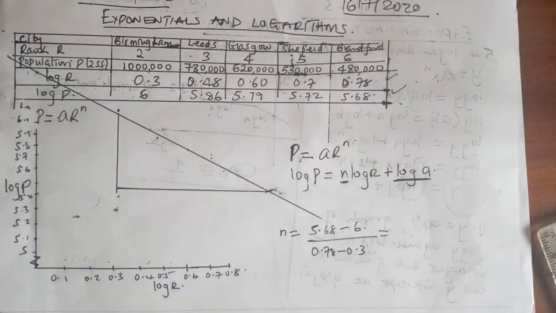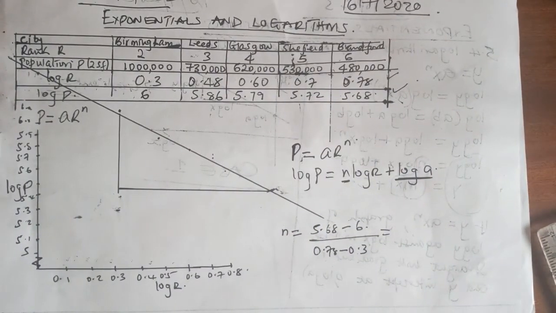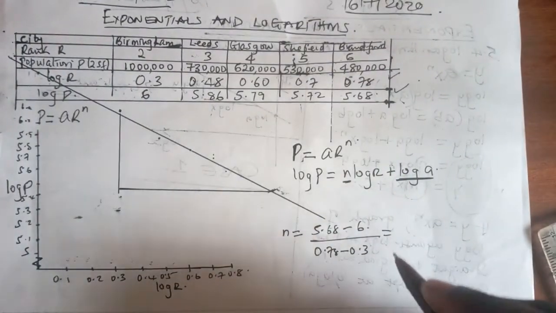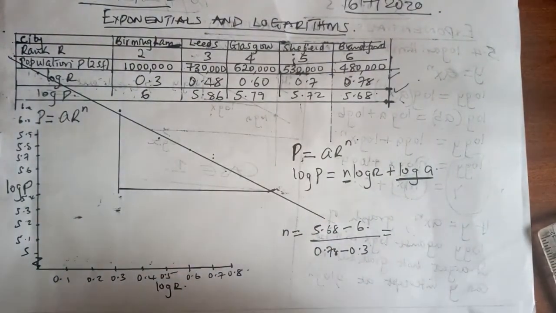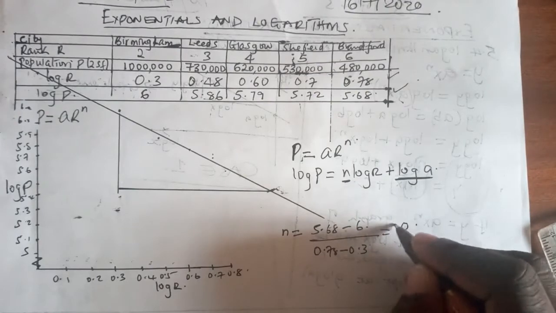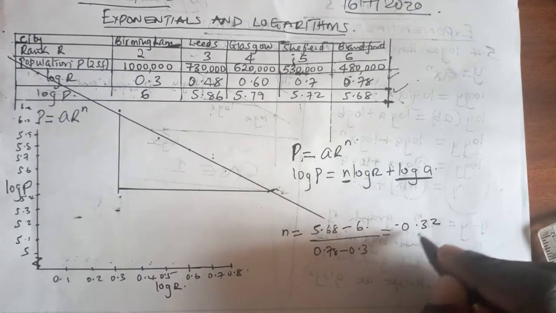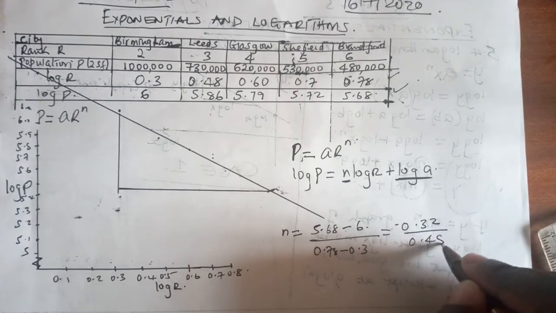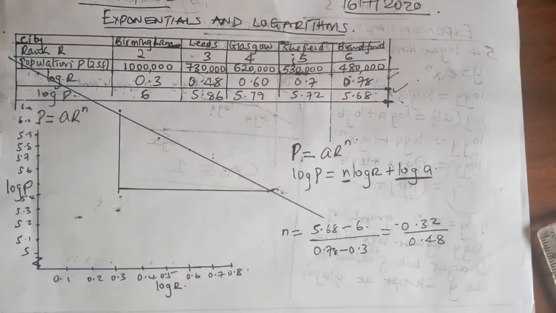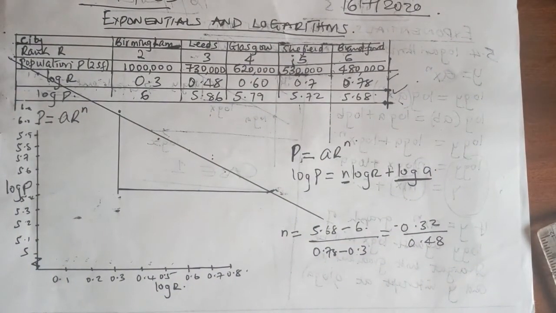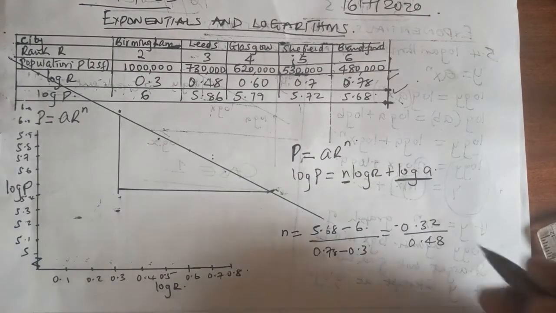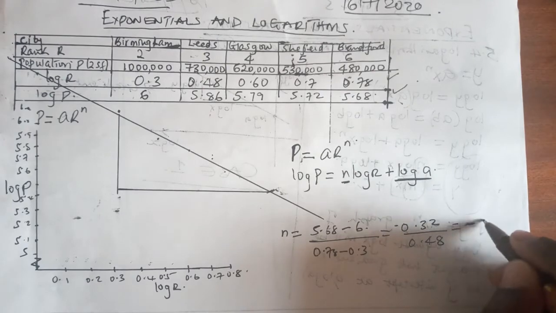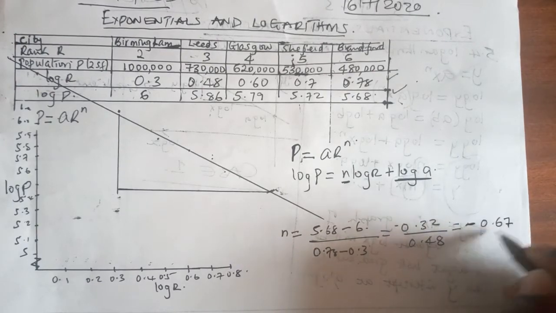And what do we find here? This is going to be 5.68 minus 6, which is negative 0.32, all over 0.48, which is almost equal to negative 0.67.